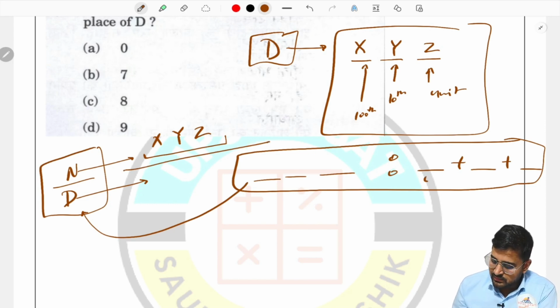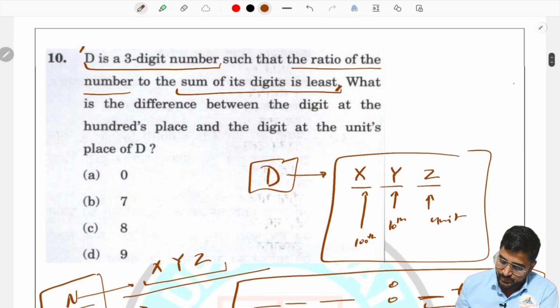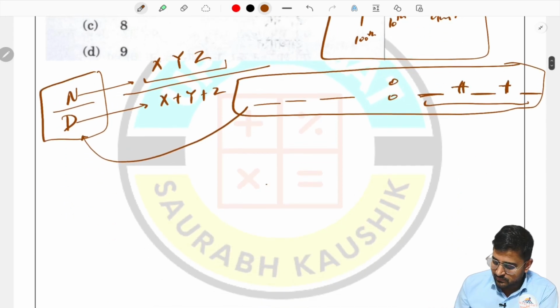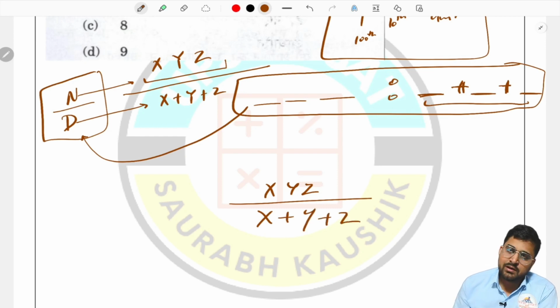In the next line, they have mentioned that the ratio between them is least, and he is talking about the sum of the digits being least. So here he is talking about this. In a clean area, we can write this. The question demand is this only.